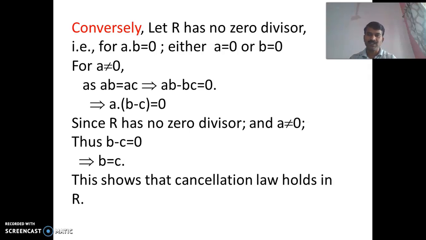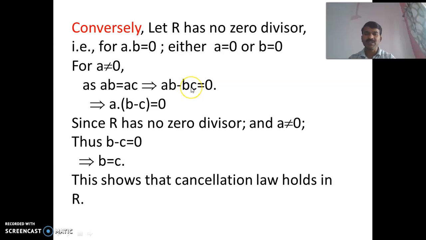Suppose A is non-zero and A dot B equal to A dot C. Taking this side over, we get A dot B minus A dot C.